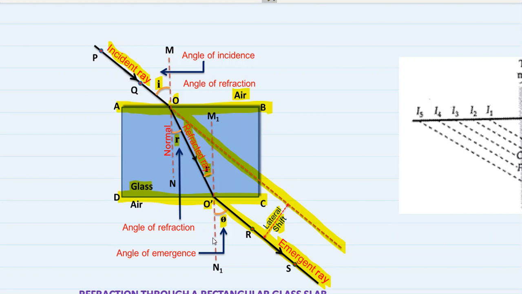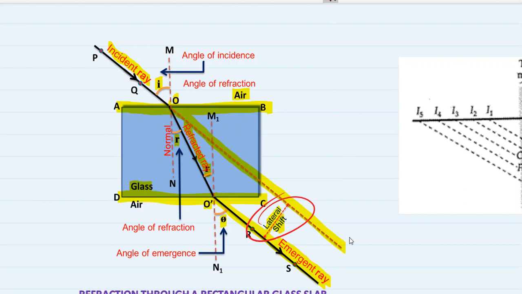The whole thing is explained, but from the theoretical point of view, for writing your exam paper, the practical details are not required, but you must understand what is happening over here. So the whole experiment comes down to one single point, that is lateral shift.